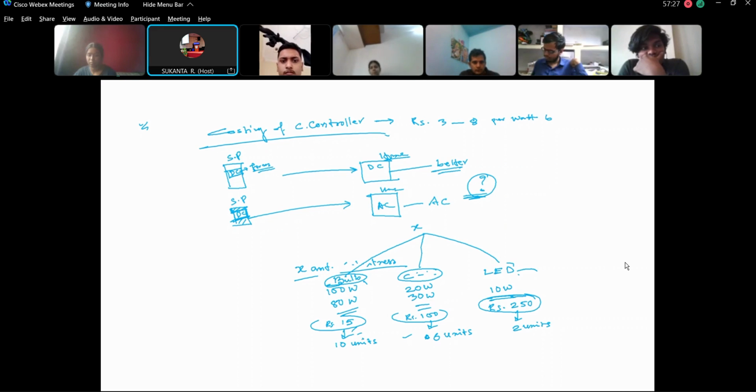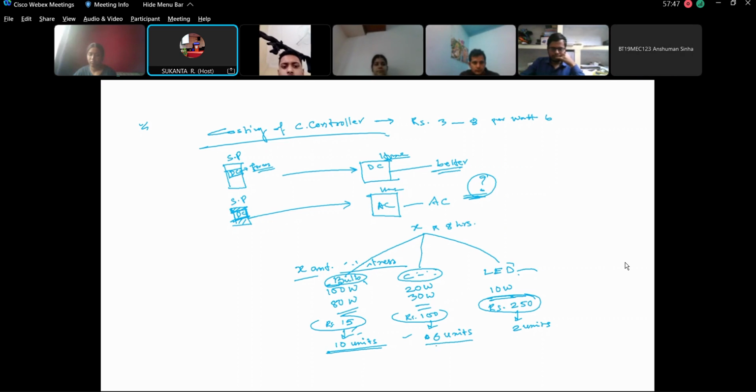Suppose the per daily basis consumption is the same for all those appliances. Suppose daily we are using this one for 8 hours, but here its energy consumption will be more, then gradually it is decreasing.